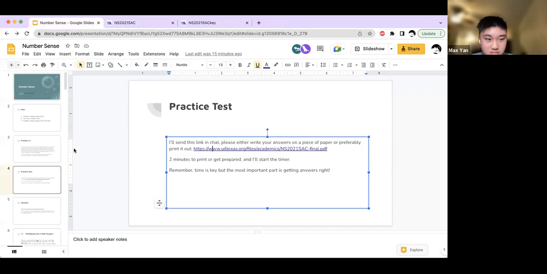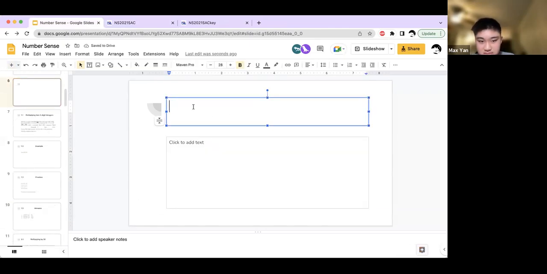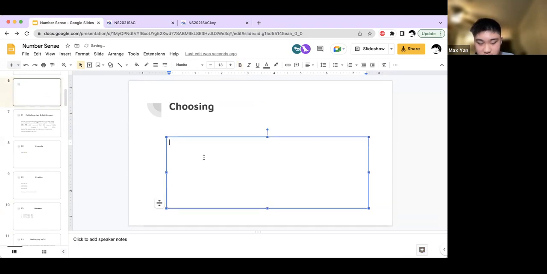So let's do this. 6 choose 2 really means that you have 2 items you're choosing from 6. Choosing is different from ordering in the sense that it doesn't matter how you choose them.